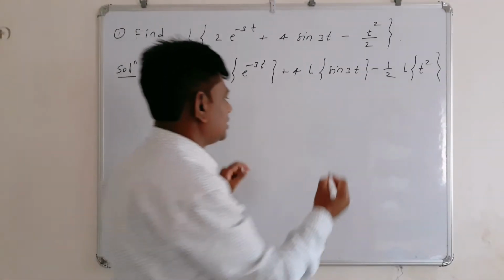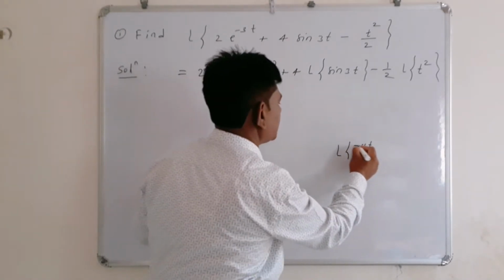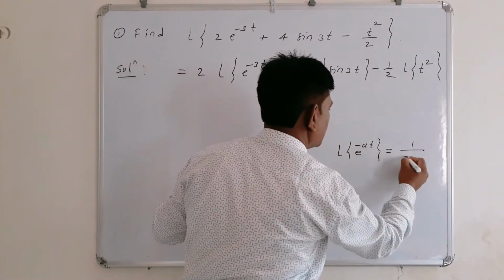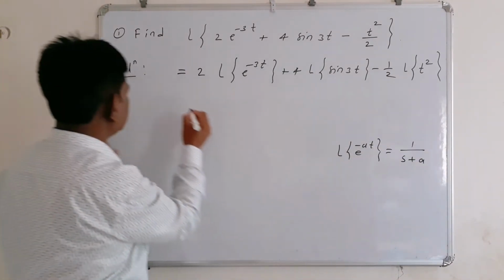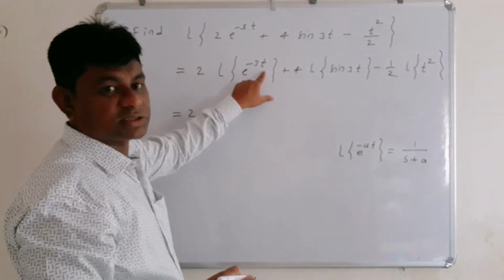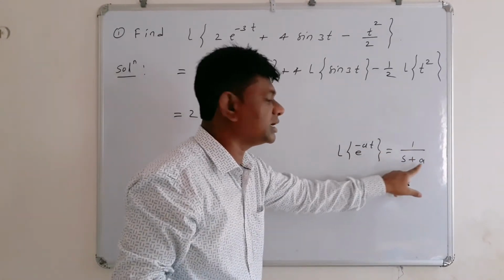Now we know that Laplace transform of e to the power minus at is equal to 1 upon s plus a. So Laplace transform of e to the power minus 3t, here a is 3, the answer is 1 upon s plus 3.